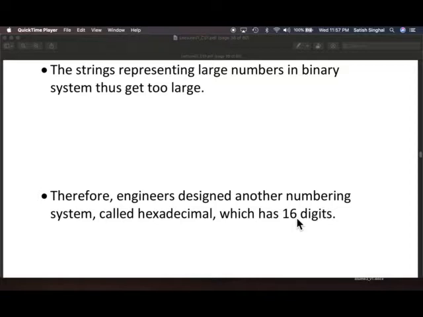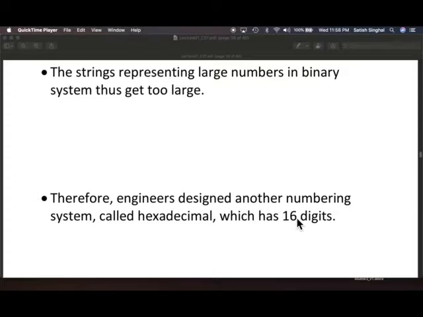For example, 10 in decimal will be 2 digits, 1 and 0, but in hexadecimal is just 1 digit, A. So the larger the number of digits in a numbering system, the smaller the number of digits it's going to use to represent a number, especially true with larger numbers, okay?